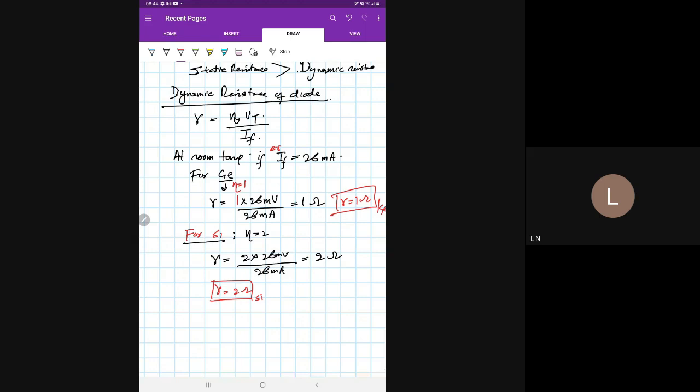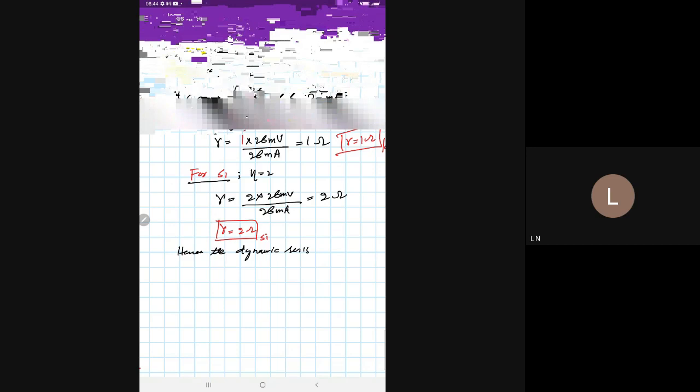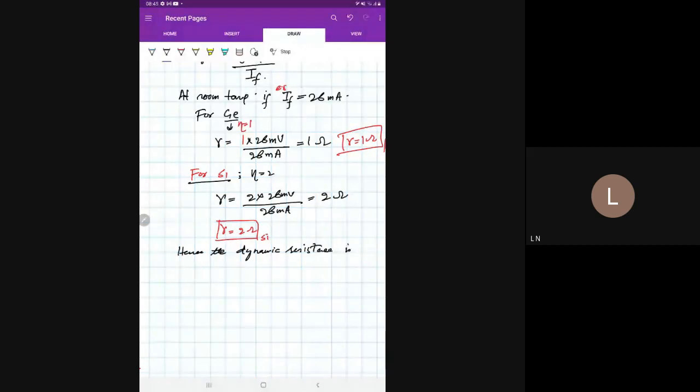Hence, the dynamic resistance is more in a silicon diode when compared to a germanium diode.